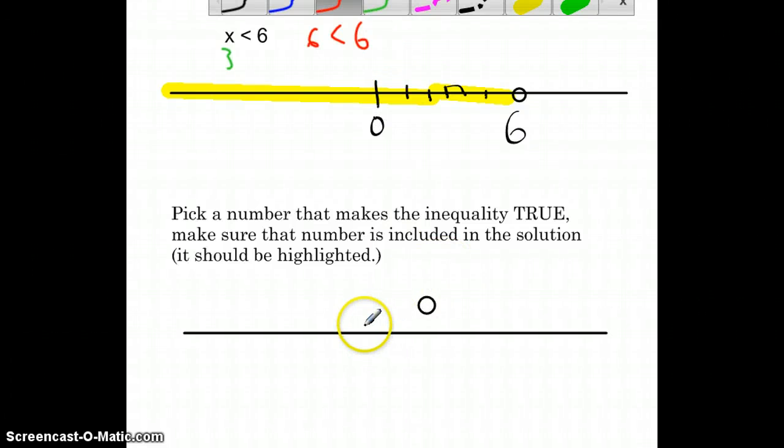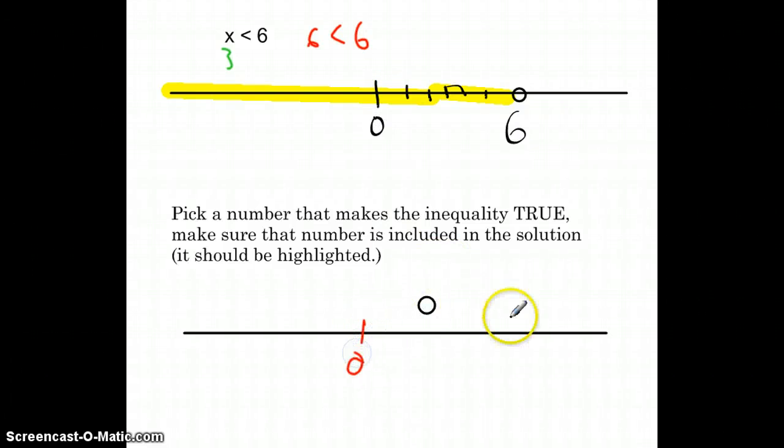So if we make this number line here, here's 0, here's our 6. Okay, and we'll use the same concept here. What we'll do is we'll say x is less than or equal to 6.